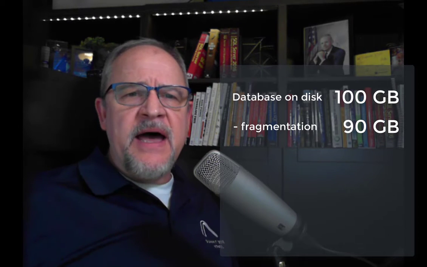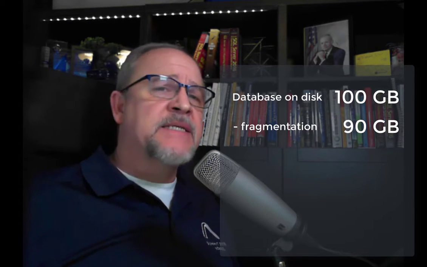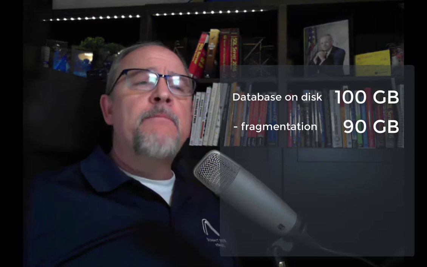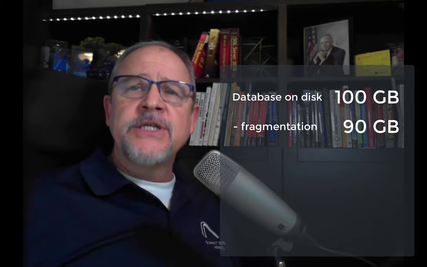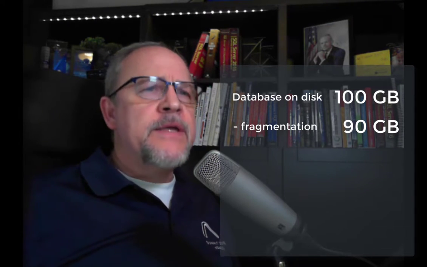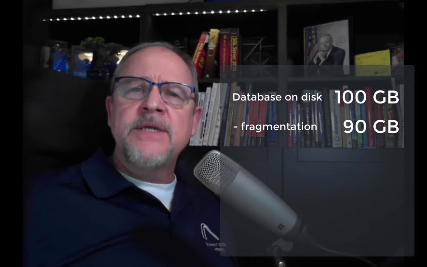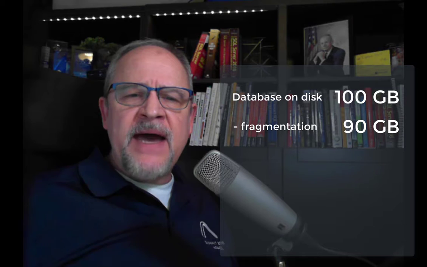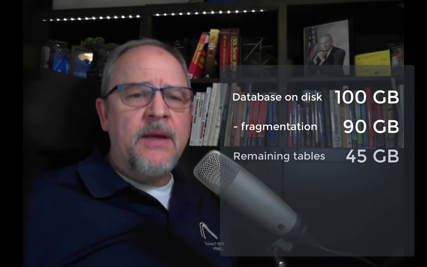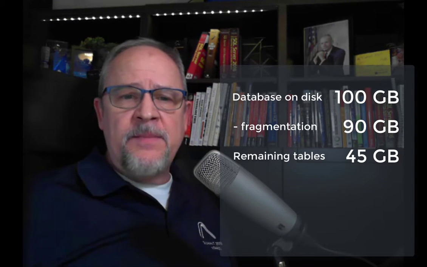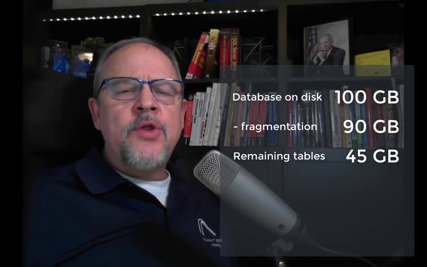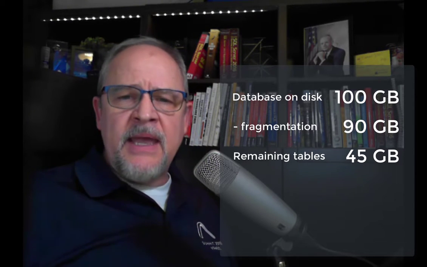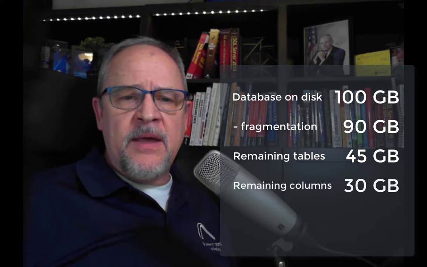We'll omit things like binary objects, XML, JSON structures, maintenance columns, and large descriptive values that aren't really useful for analytic reporting. So, being conservative, let's say that we leave out half of the tables by volume, 45 gigabytes. We'll keep 2/3 of the column data, again by volume, down to about 30 gigabytes.